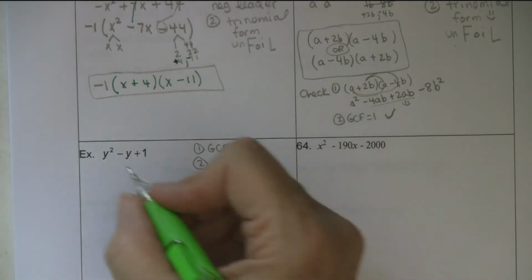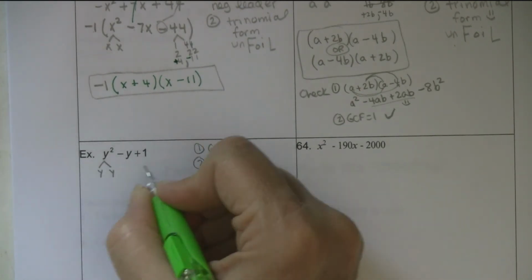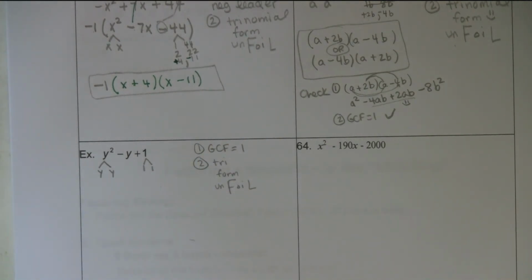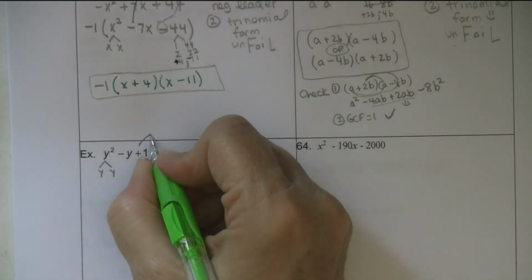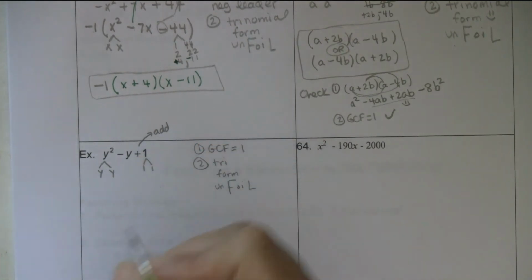And so, I'm thinking it's going to work, right? Y times Y. And 1 times 1, that's the only way. And when I add those, right, this says it's going to add to get the middle. It also tells me something about the signs. But that's when I notice, well, I'm not getting what I thought I was going to get.